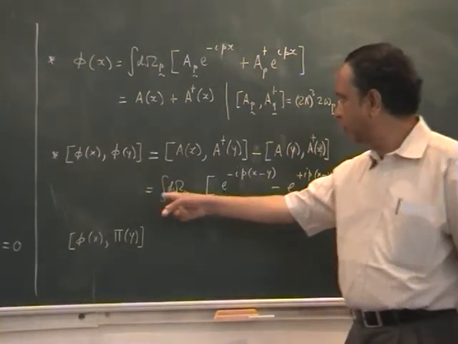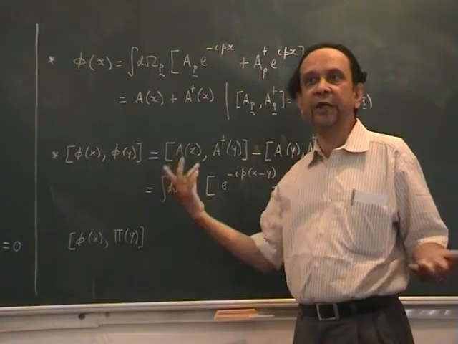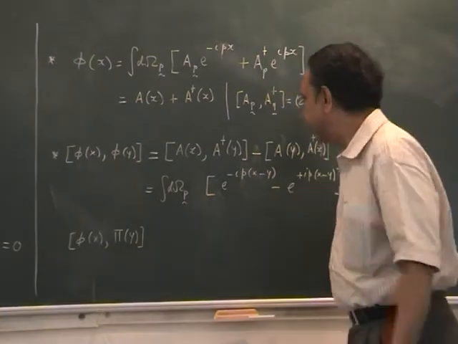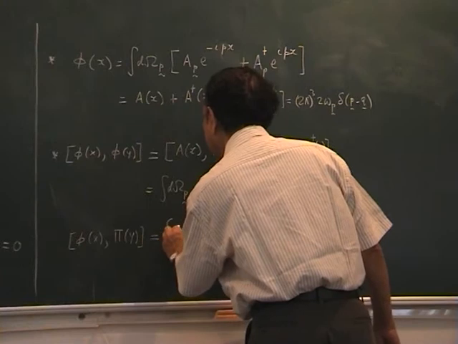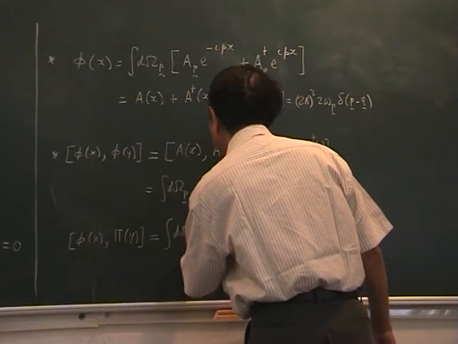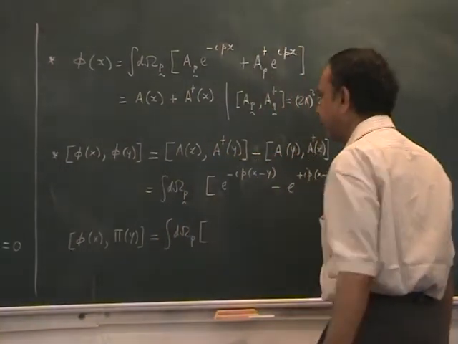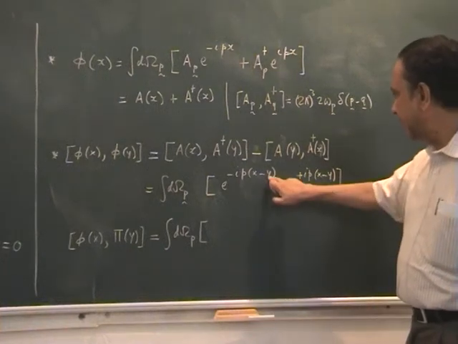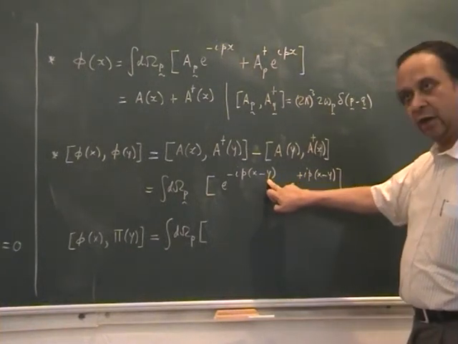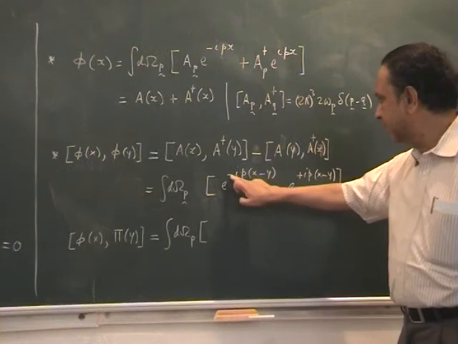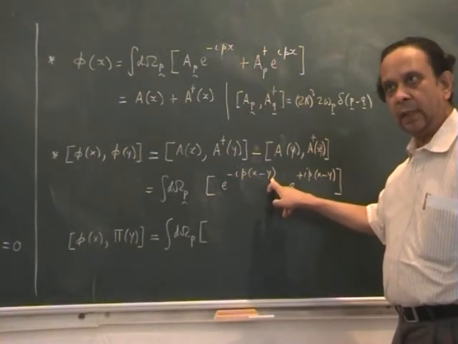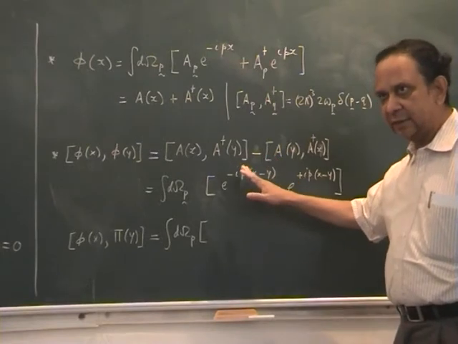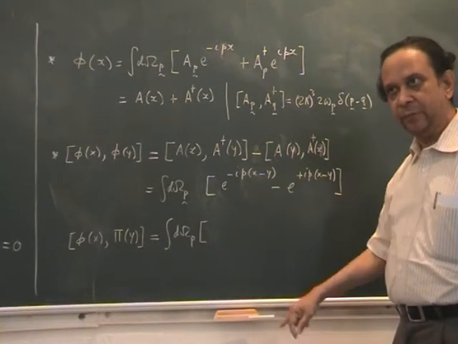You only have to differentiate this with respect to y naught. So if I differentiate that with respect to y naught, I will get integral d omega p. Let us see what I will pick up. I am differentiating with respect to the y naught term, so this has an e to the plus i p y naught, and in my signature that comes with positive.